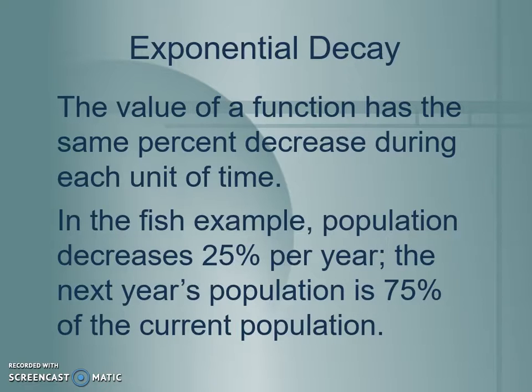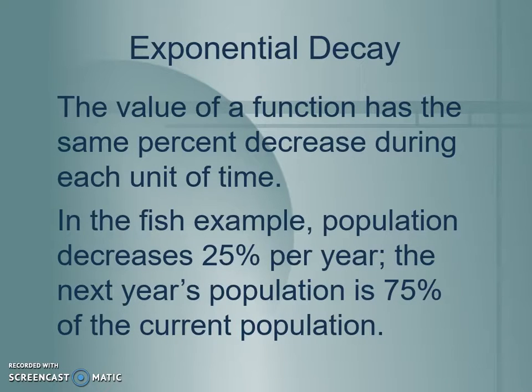So it says, suppose the population decreases by 25% each year after the population reaches 10,000. So maybe we just reached 10,000 and now there's not enough food to go around for all these fish, so they start dying off and we're losing 25% each year. That means next year our new population is only going to be 75% of what our current population is.